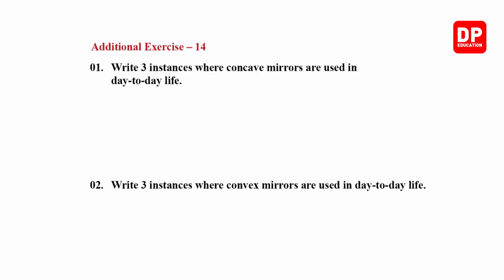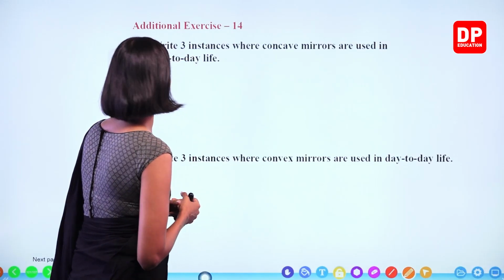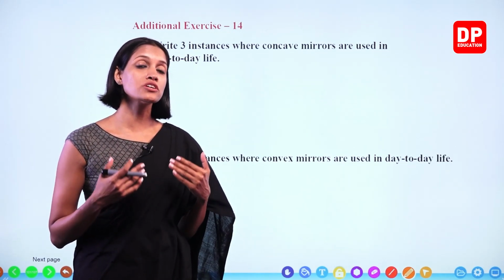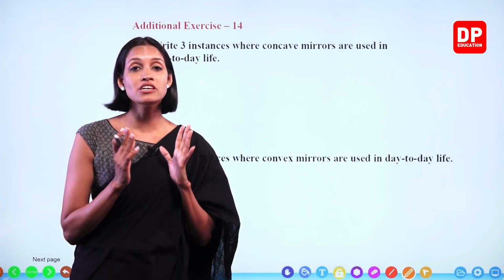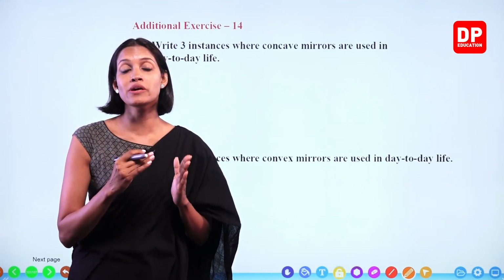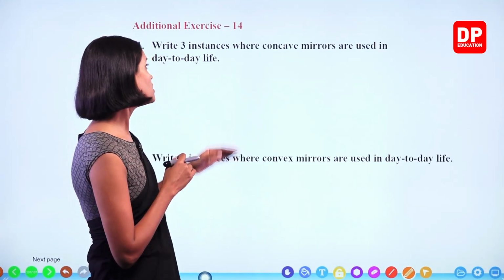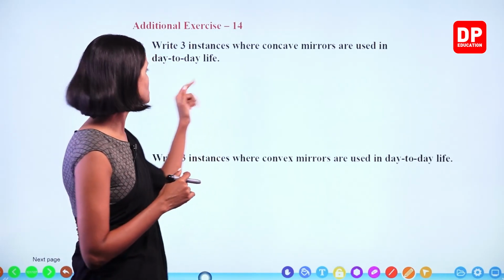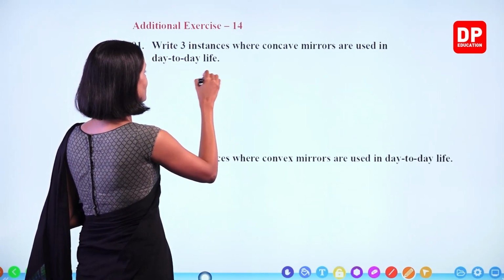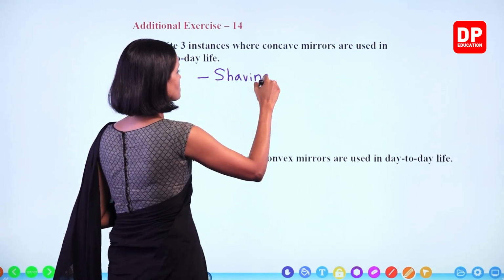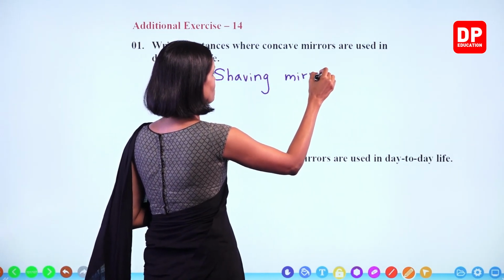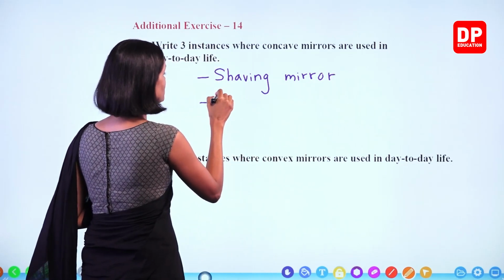Right. Exercise 14. Write 3 instances where concave mirrors are used in day-to-day life. So when we use the concave mirrors, we can observe a larger, upright image of an object. Therefore, what are the instances we use? Let's write. We can use them as shaving mirrors. And we use them to make solar cookers.